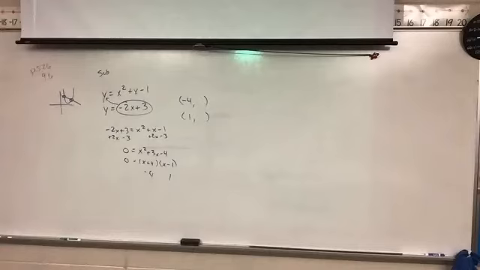Okay, we got to get ordered pairs out of it. Why don't you go ahead and plug negative 4 into probably the bottom one, it's going to be easier. And then a 1 into it and see what we get.